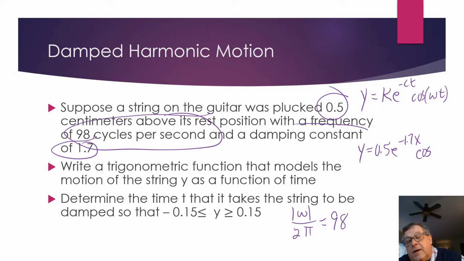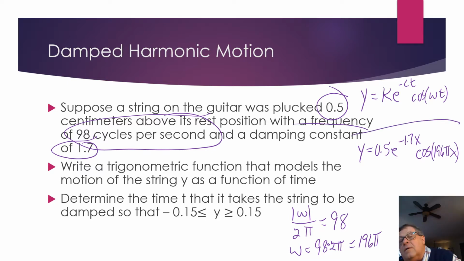So our period is 98 times 2 pi, that's 196 pi. So the cosine of 196 pi times the time, which we're going to define as x. So there is our function.